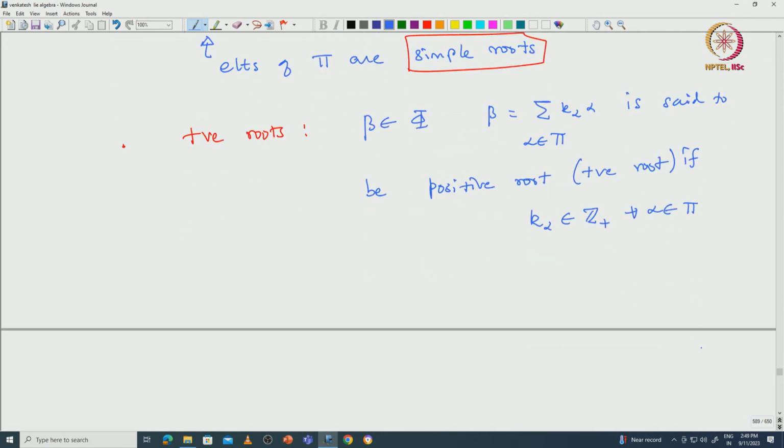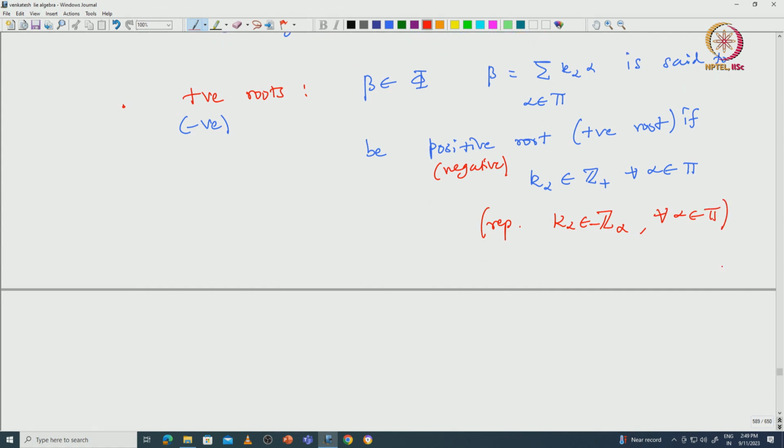Similarly, one can define negative roots: you take the k_α to be non-positive integers for all α in Π. This is how you define negative roots and positive roots.